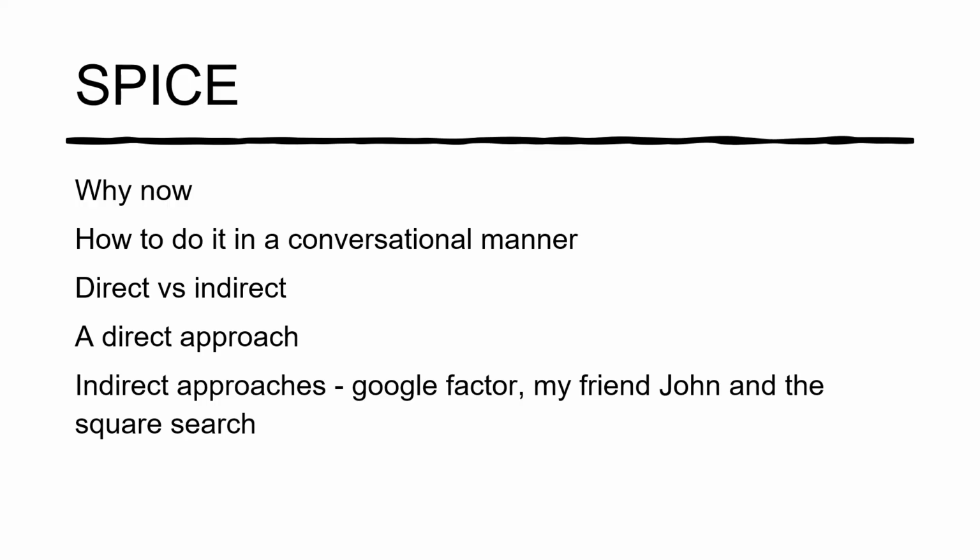Another option is called a square search, and this is one where perhaps the patient has mentioned the lads at the golf club, people at work, their partner at home, and you allude to them. You mentioned your partner. Was there anything in particular your partner was worried about? You mentioned the lads at the golf club. Had they come up with any ideas as to how I might help you today?